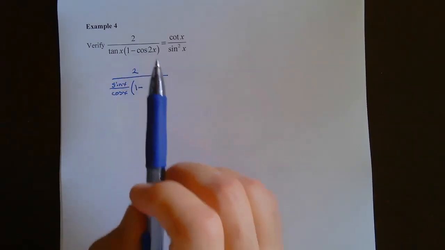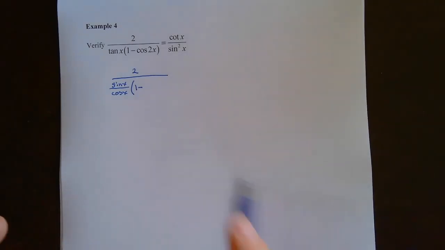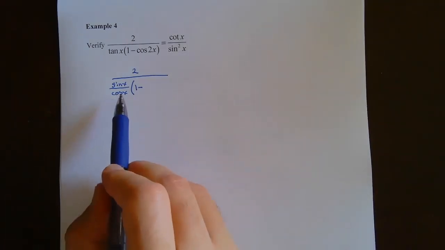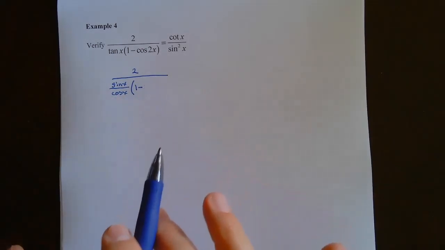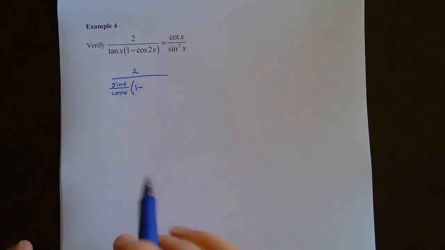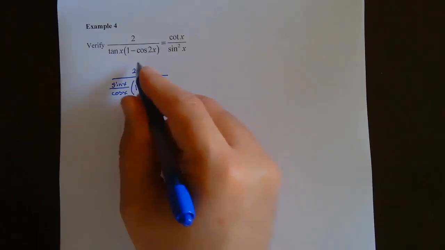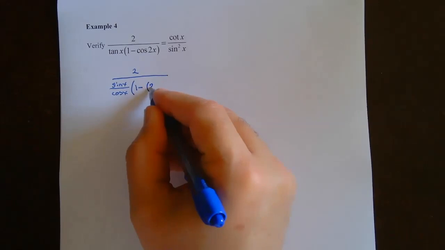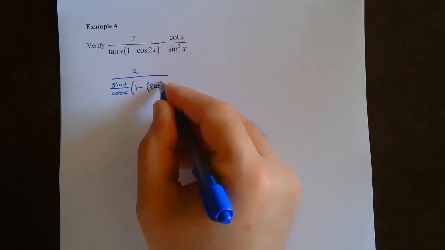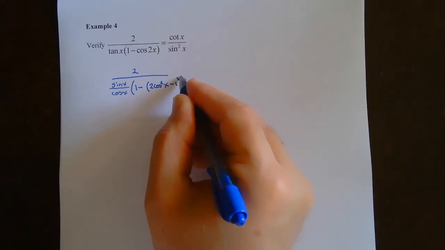With cosine 2x, there's 3 choices, and I could be wrong here, but I'm thinking that I want something that just deals with cosine. So we do have one, and we're going to swap out this cosine of 2x with 2 cosine squared x minus 1. Close the parenthesis, close the parenthesis.